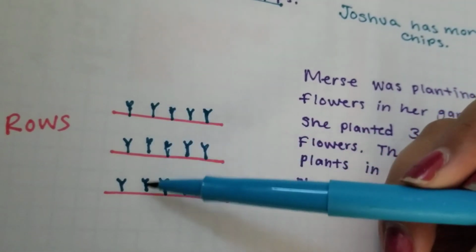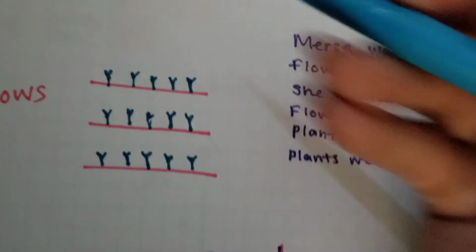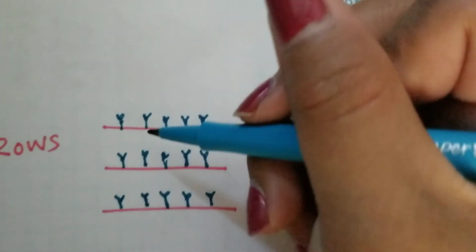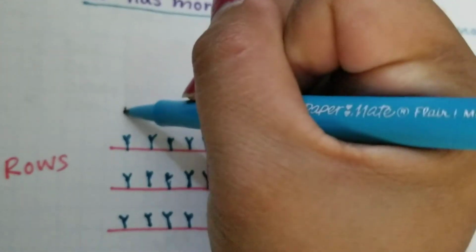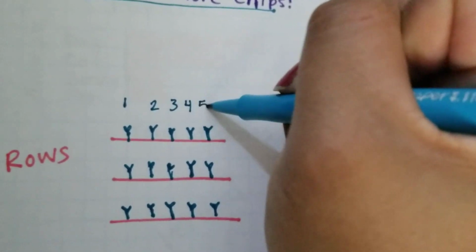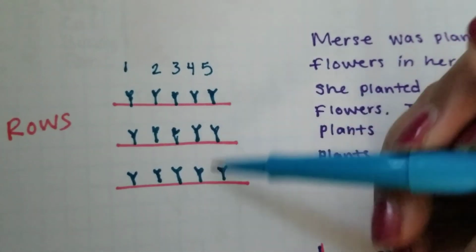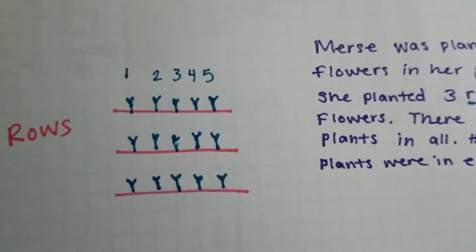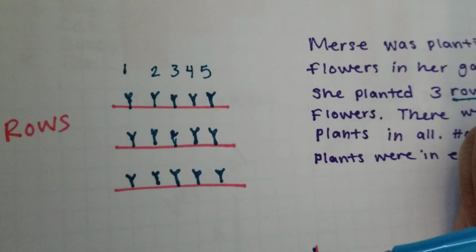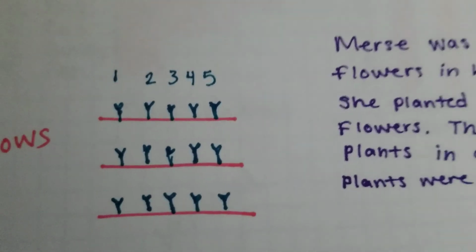Well, there were 3 in each column, but how many columns were there in order? So we can see that there are 1, 2, 3, 4, 5 columns that are going down. And she put how many in each column? She put 3 in each column. Hopefully that makes sense. If not, we will go over it again next week.